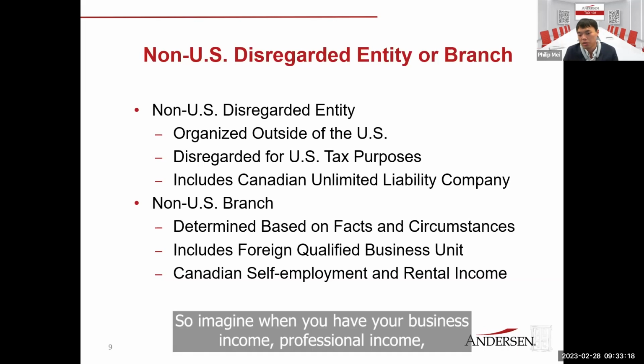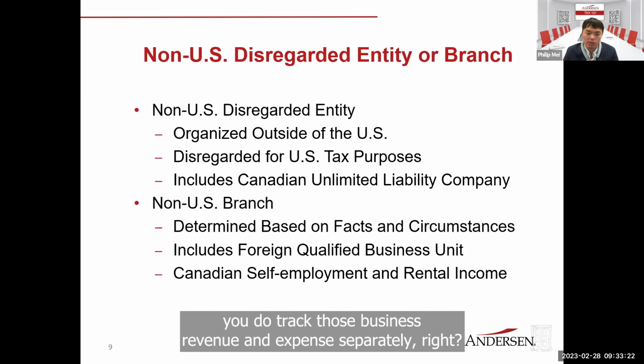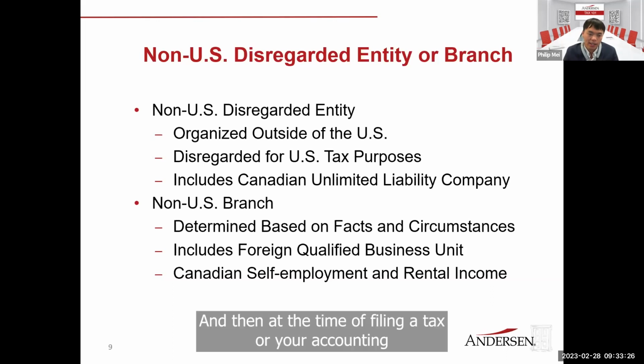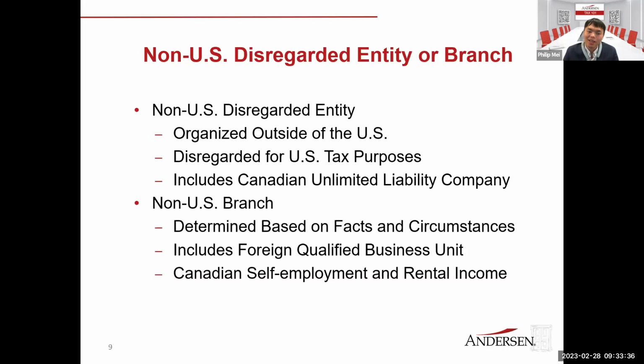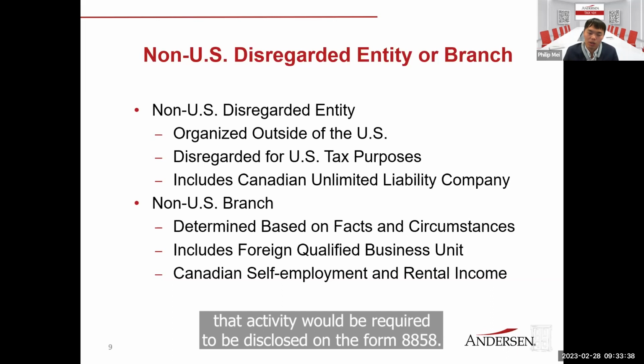Imagine you have business or professional income, and you track those business revenues and expenses separately, right? And at the time of filing a tax return, or your accountant would just have a separate set of financials. And because it's operating outside of the US, that activity would be required to be disclosed on the Form 8858.